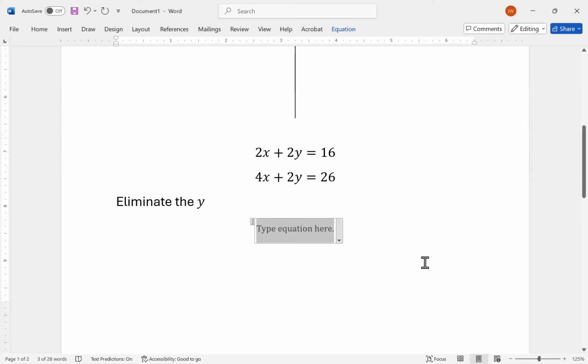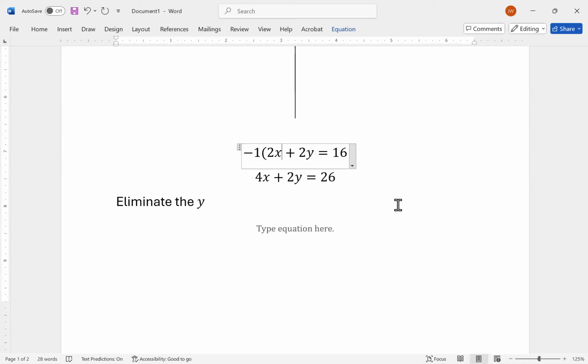I would multiply the top one. You could multiply by 2 and -2, but it's actually quicker just to multiply by -1 on the top. That would give me -2x minus 2y is equal to -16.